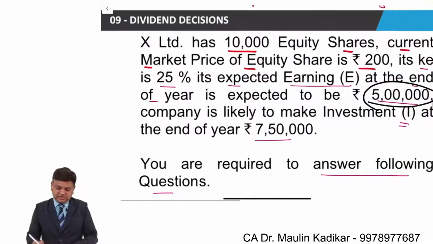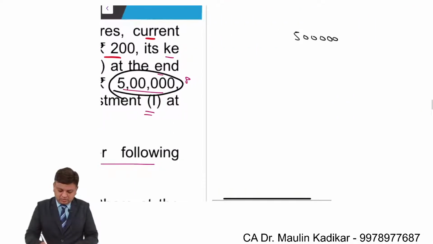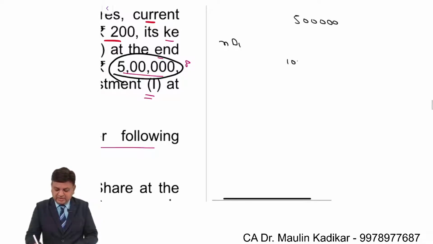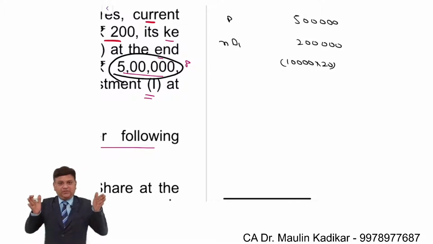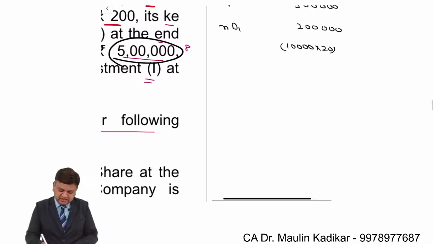There are 10,000 equity shares, so the payment of the dividend to existing shareholders at the end of the year will be an amount of 2 lakhs. You have earned 5? Yes. You have paid dividend of 2? Yes. So there is a retained earning of an amount of 3 lakhs.